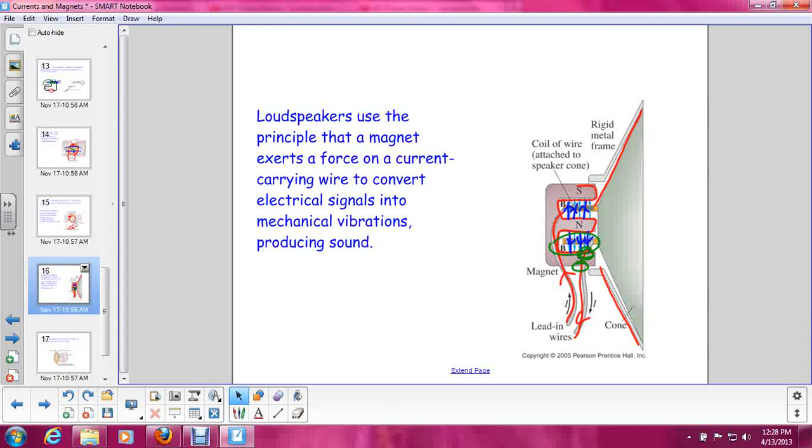So that force is physically what makes the loudspeaker go in and out. So the kinds of signals you send to the wires will change the magnetic field, which will change the way that these two things interact with each other, which changes the force and then the vibration pattern. It's pretty cool.